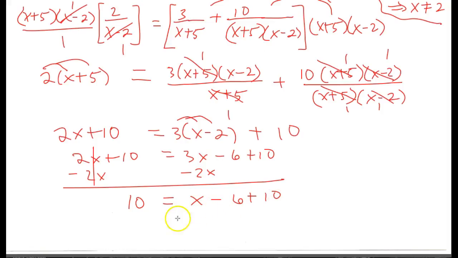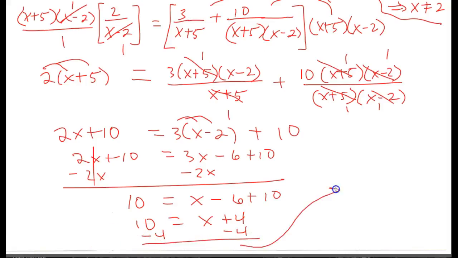Minus 6 plus 10 is a positive 4. And so then from there, we can just subtract 4 from both sides. Okay. And when we do that, we know that that cancels. We get 6 on the left, x on the right. And so x equals 6 is our answer.